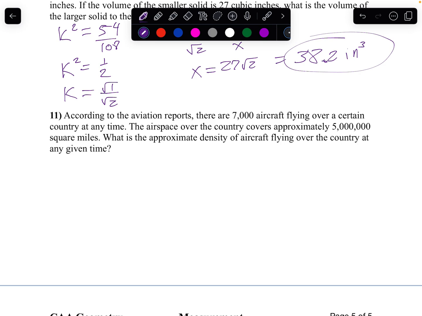Well, the density is how much we have. So it would be 7,000 over 5 million. That will be aircraft per square mile.